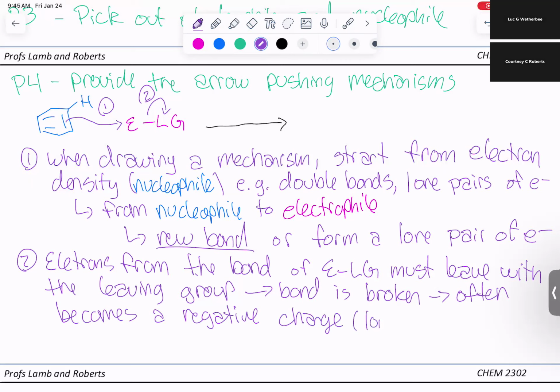And this is often a lone pair of electrons. All right, so it's a lot of words, right? But I want to write out what mechanisms are from day one. So we can just, based on our chemical intuition and understanding of what these arrows fundamentally mean, go in and draw the intermediate in this reaction.